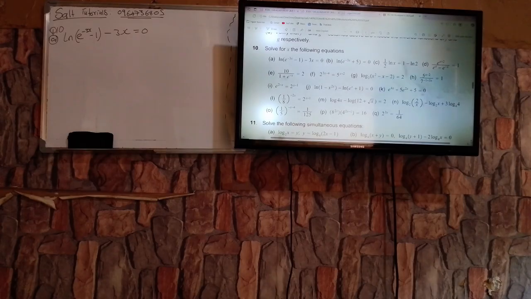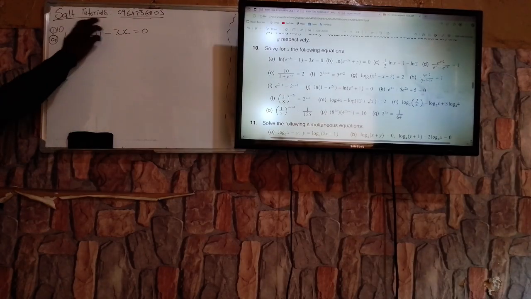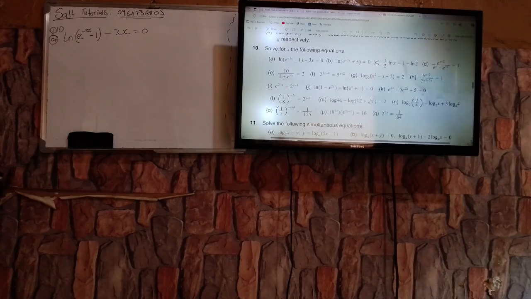Once you see a log function or a log equation, think of strategies and ways on how it can be simplified so you're able to solve for x. Look at where your x is.